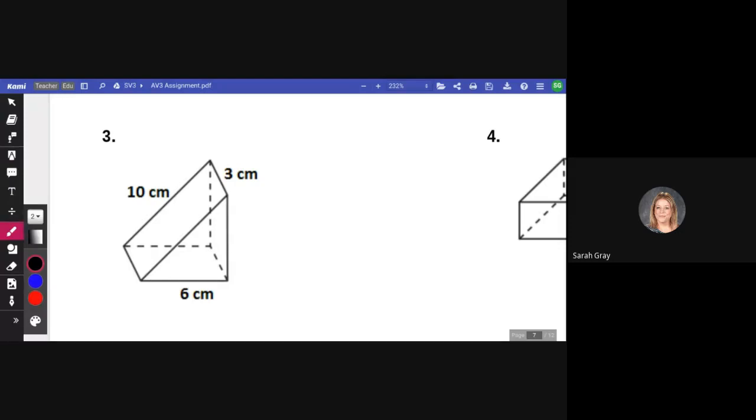I'm confused. So this one, the 10 is the center, so it'll be the height. Nope, it's gonna be the hypotenuse. So this side's 10 too, and then you just need to figure out that side. The a squared plus b squared. So I'll take 10 plus 10. No, you'll do 6 squared plus x squared equals 10 squared.